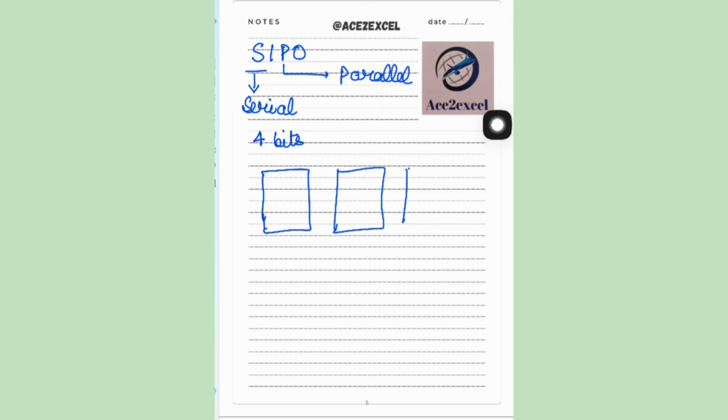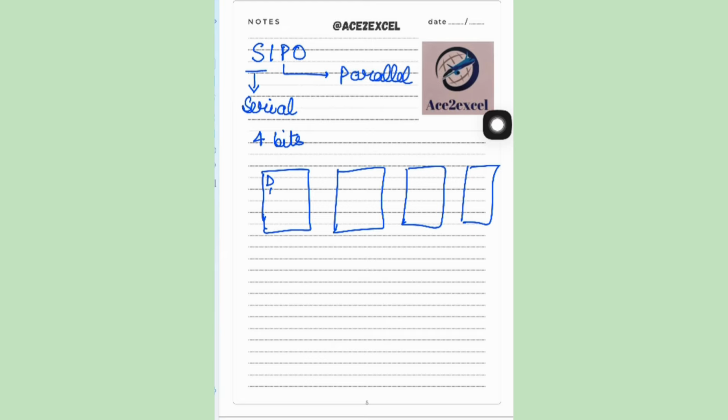Next we are going to talk about SIPO. Data will come inside in a serial manner, and data will come out in a parallel manner. Now again we'll consider it for 4 bits. 4 bits means 4 flip-flops: 1, 2, 3, 4.